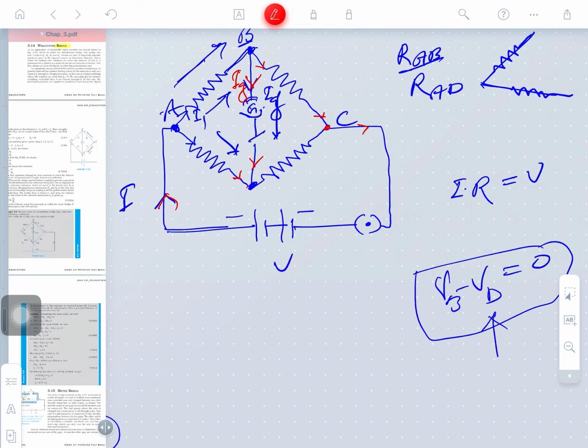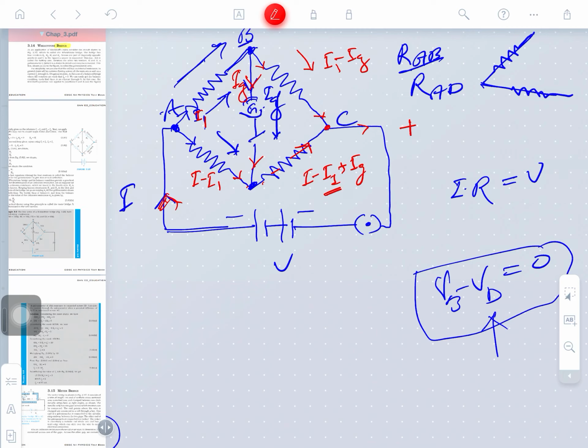We can just understand. Suppose current I is coming from here, and here the current passing is I1, so it shall be I minus I1, and from here the current going is I1 minus Ig. The current Ig is meeting the current I minus I1, plus Ig is coming. So through this line this current is passing and they are meeting here.